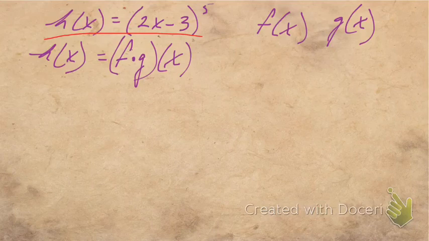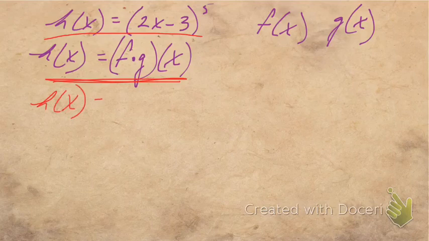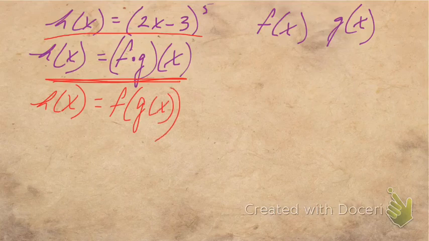So does that make sense, what we're doing? Just going backwards and finding out what we had to start with in order to get h of x. And that's why I wrote h of x equals f of g of x. So let me write that again in my easier way that I like better. Okay. So those are equal to each other. So I have to go backwards.